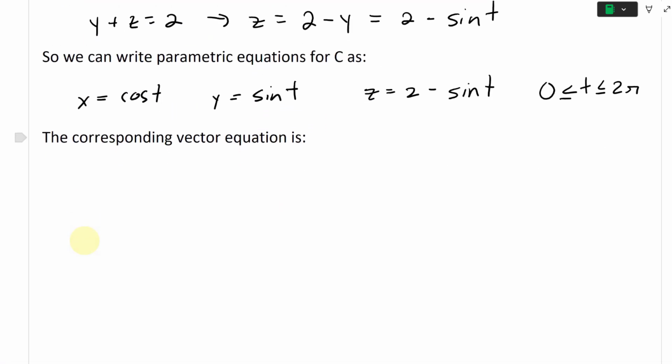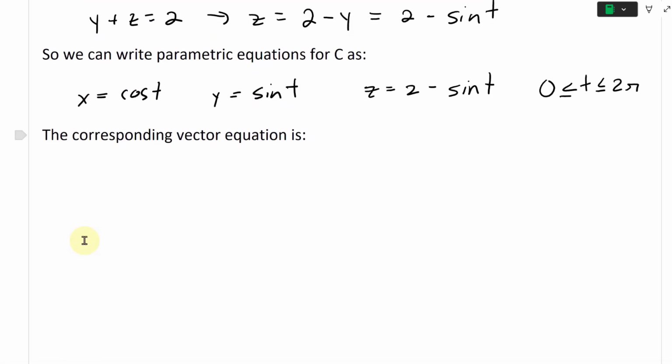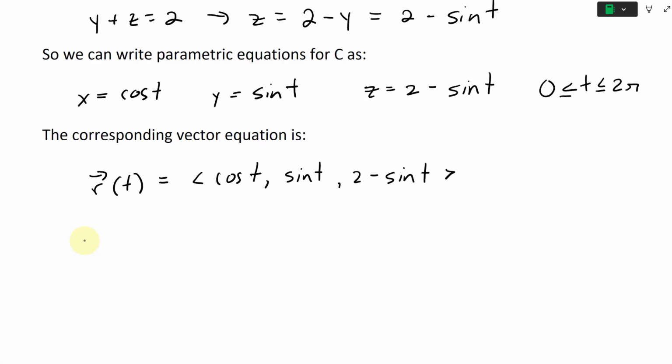And now the corresponding vector equation, we could write it in this format. r of t, I'm going to write this in both formats. Cosine t, sine t, and then 2 minus sine t in the triangle brackets.